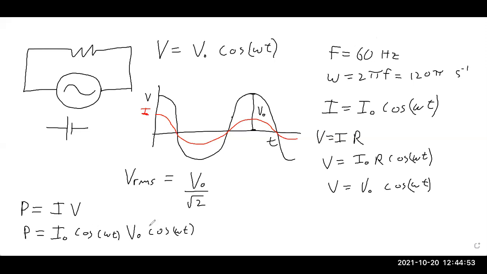And we've got cosine times cosine, so this gives cosine squared. And if we wanted to get the average value of the power, for average power, we would need the current amplitude times the voltage amplitude times the average value of cosine squared. And the average value of cosine squared is 1/2.